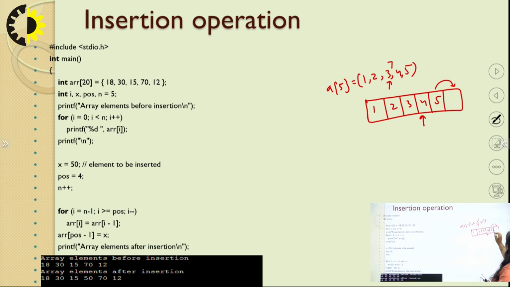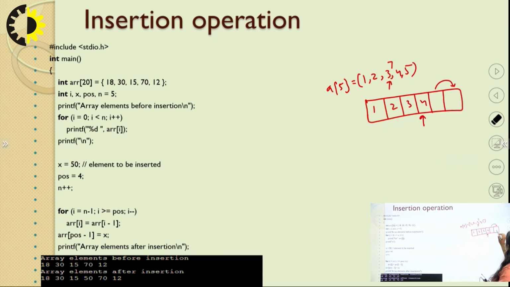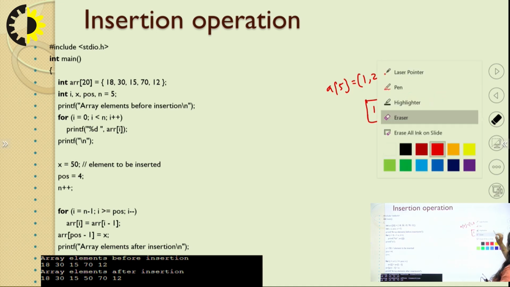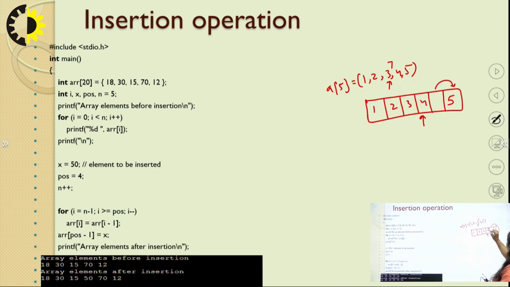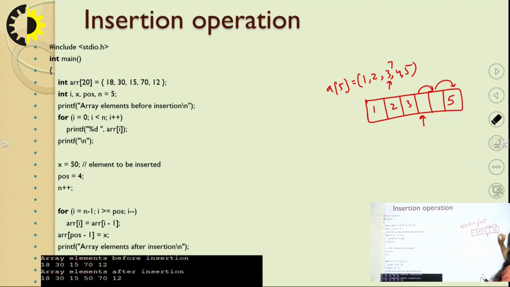Suppose we shift the element 5 in this, and the element 4 is also shifted. Then we can easily insert the element 7. So this is the basic operation of inserting an element.